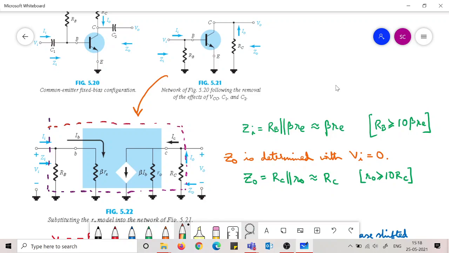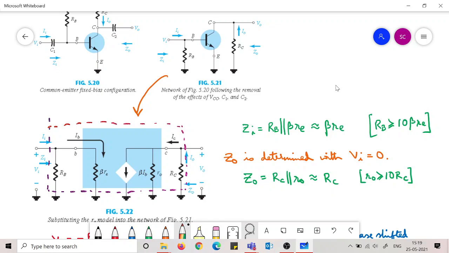We know that if one of the resistances is 10 times the other resistance, then a parallel combination can be regarded as approximately the same as the lower resistance. So we only consider beta Re as the input impedance, so it is quite low.